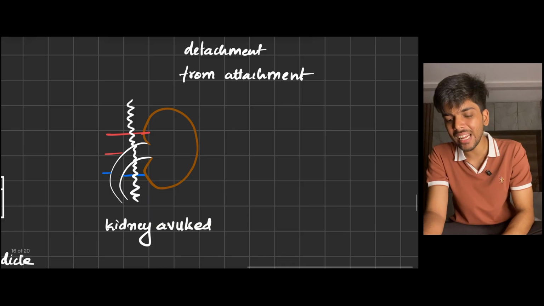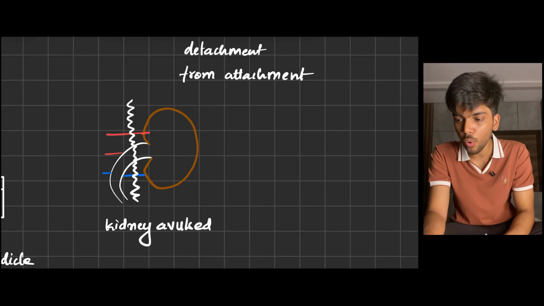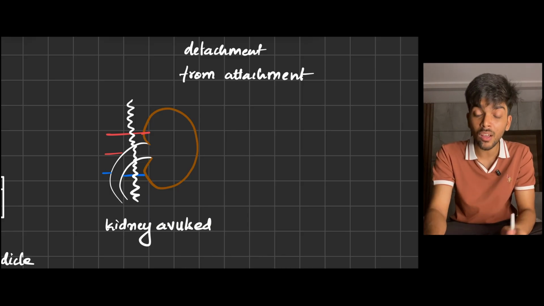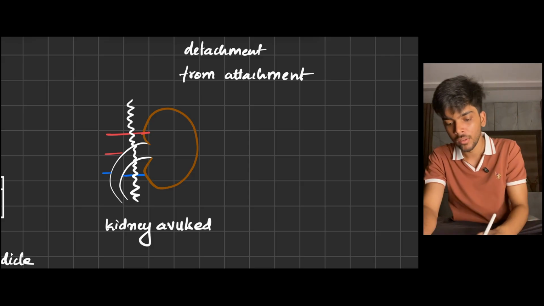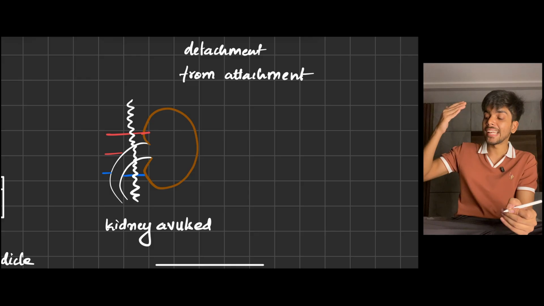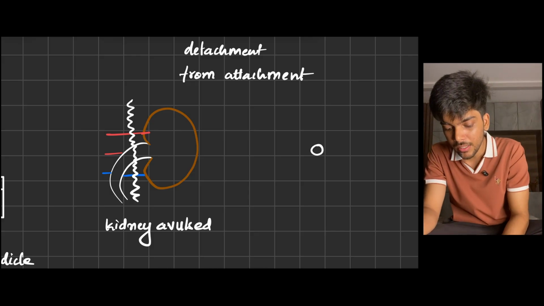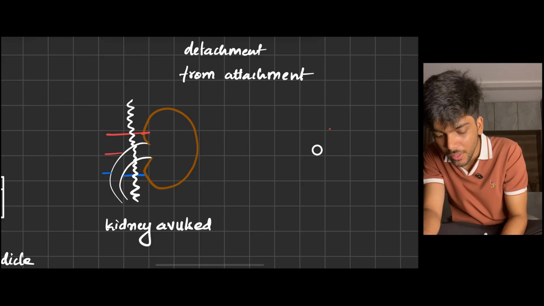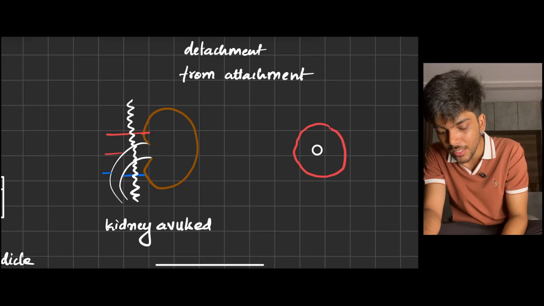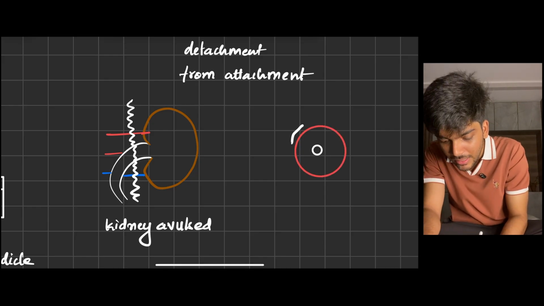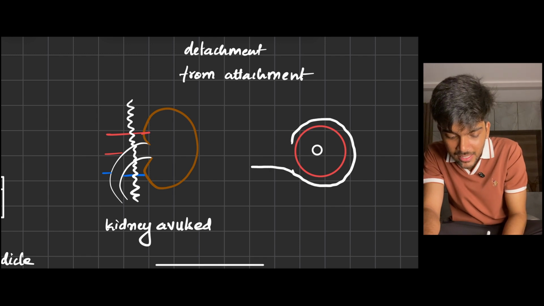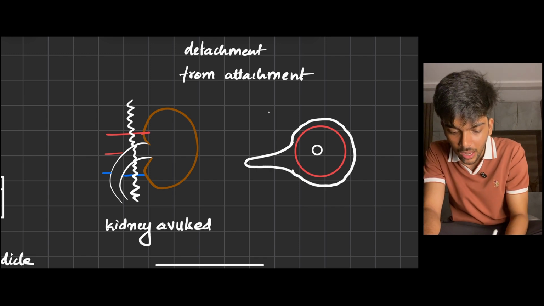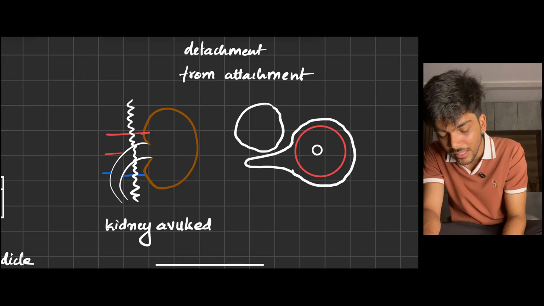Another most classical example is that of a road traffic accident involving the wheel of a car and your upper leg, or the thigh. So I'm going to draw the transverse section of a thigh. Here's the femur. Surrounding the femur are the muscles of the thigh, and then surrounding that is the skin. Now let's say this skin gets under the wheel of a car, under the tire of a car.